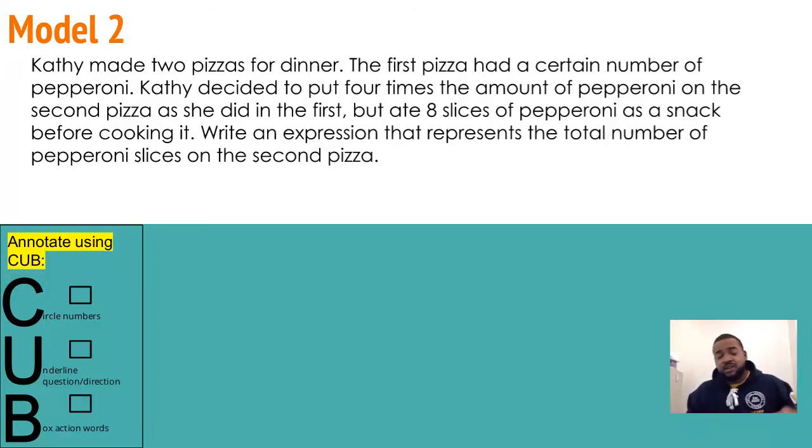The one thing I did notice, very consistent across all the work that I looked at, is that I wasn't seeing people annotate their word problem. Go in and specifically look for these things that you see on my screen: looking for numbers to circle, underlining the question or the directions, or boxing any action words. These steps are crucial to you being able to write an expression moving forward.